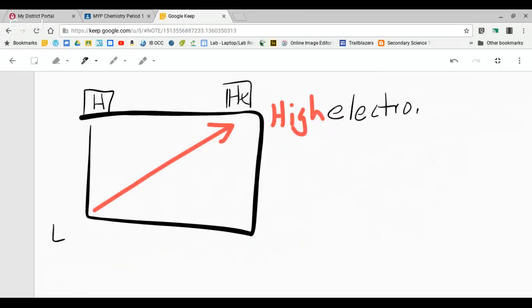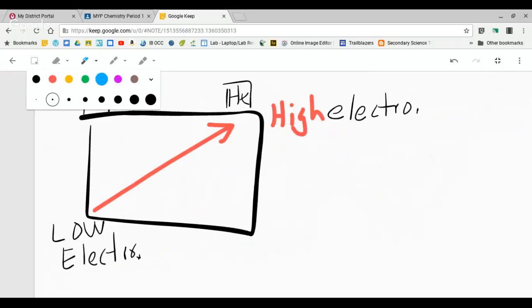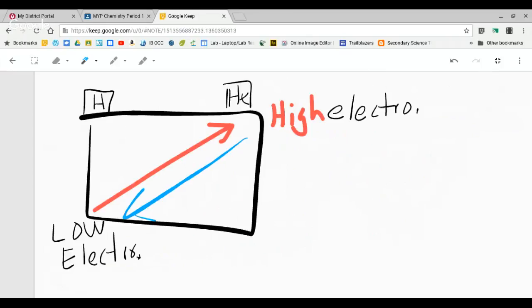And over here you have the low electronegativity. On the other end, or flipping it around, is atomic radius, which is the exact opposite.